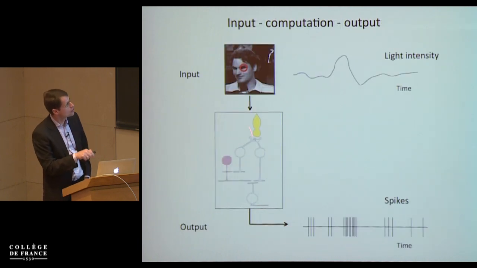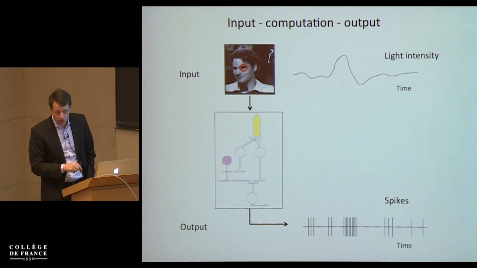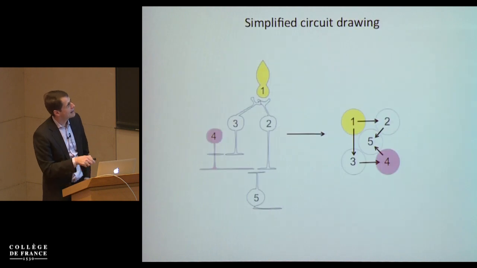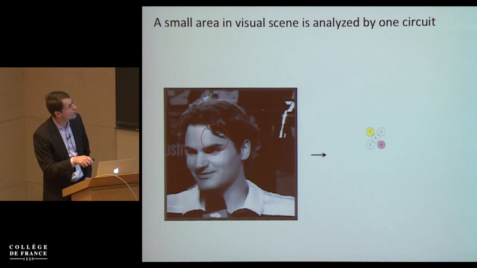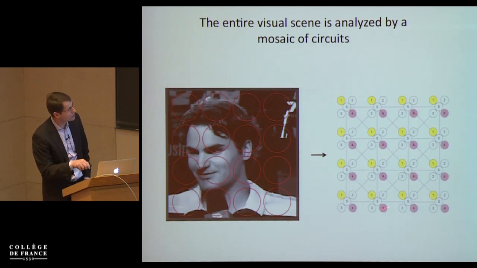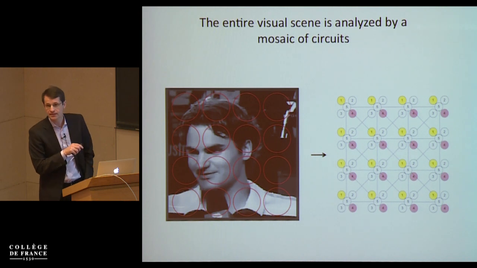So, just as I showed you before, the retina is also an input-output system. It has a light intensity coming in and spikes coming out. And here's a little circuitry I just showed you that is present in one point in space. So if you look at Federer's face, one little circuitry is looking at one patch. And then we have a mosaic of circuitry looking at all the face.